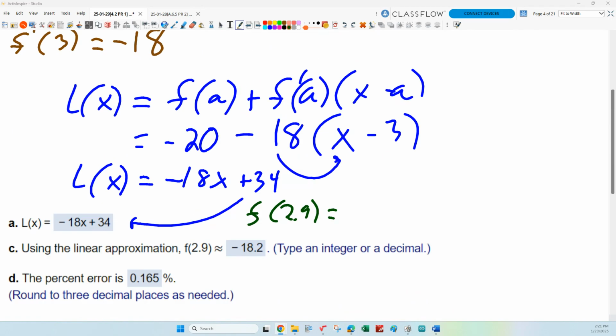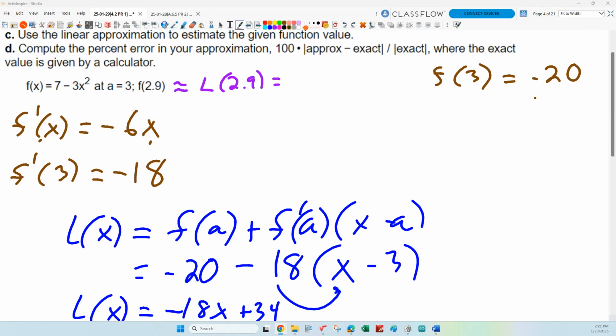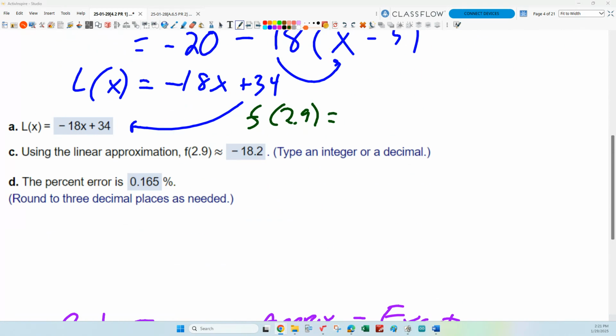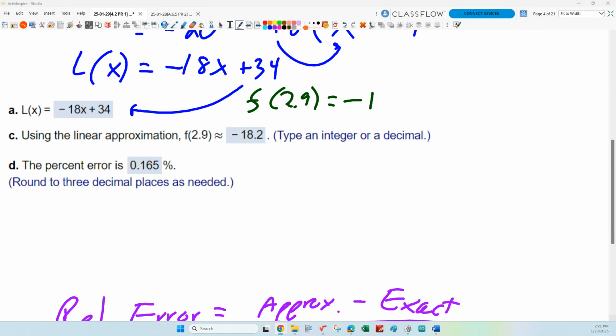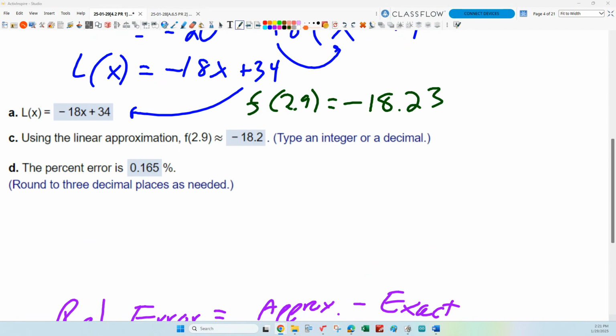So the original function was this, right? So what is f of 2.9? 7 minus 3 times 2.9 squared. Say it again. That's the exact value, that's the approximate value, right? So our relative error then, you guys tell me, should it be negative or positive?